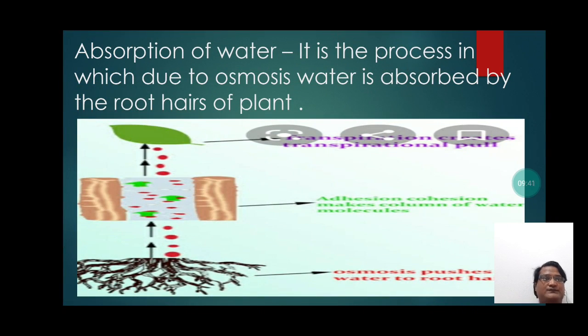Absorption of water. It is a process in which, due to osmosis, water is absorbed by the root hairs of plant.